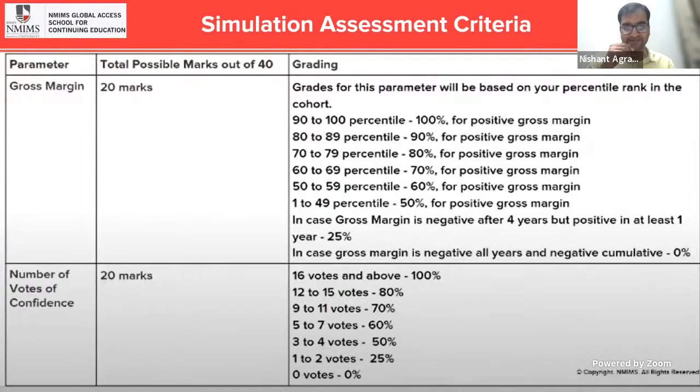And this is how your final simulation assessment criteria will look like. For gross margin, if you have a 100% positive gross margin, 90 to 100 percentile, then you will get 20 marks, and accordingly the calculation will be there.